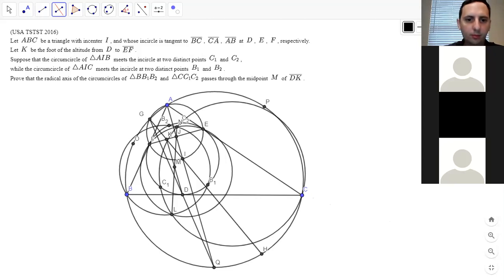Yeah, because the circumcircle of AIB, the center of it is O. So yeah, by symmetry, since C, I, and O are collinear. Yeah, so I see what you're saying. So basically, C1 and C2 are reflections about the angle bisectors. C1 and C2 are symmetric about CI, and B1 and B2 are symmetric about BI.